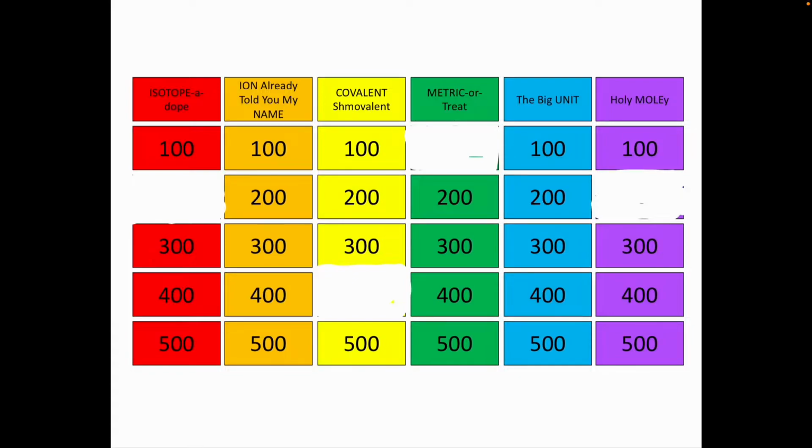Sarah, give me the next one. The big unit for 100. So these are going to be unit conversions.